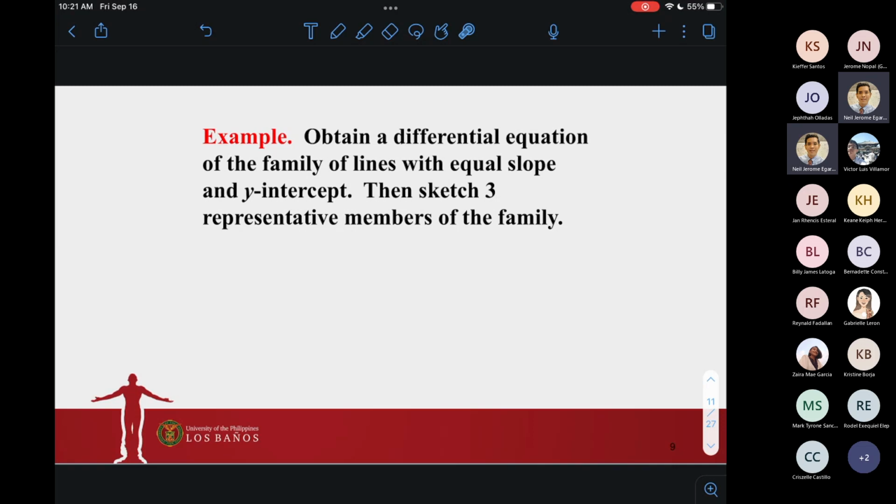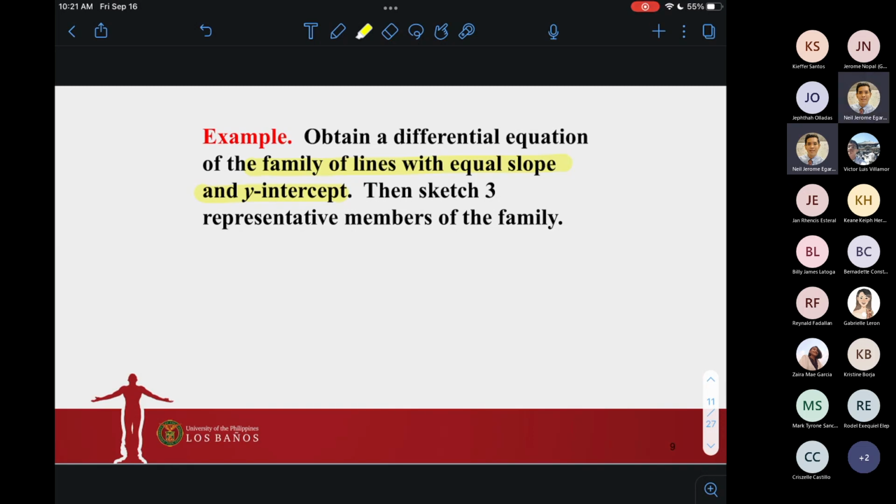So let's start the examples by looking at an ODE that represents the family of lines with equal slope and y-intercept. So ano yung itsura ng equation ng family of lines with equal slope and y-intercept?